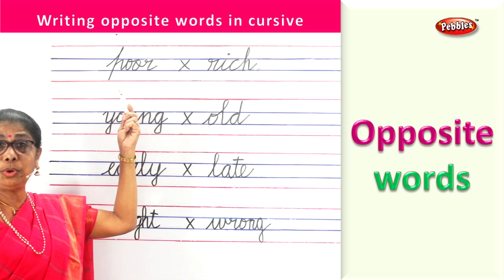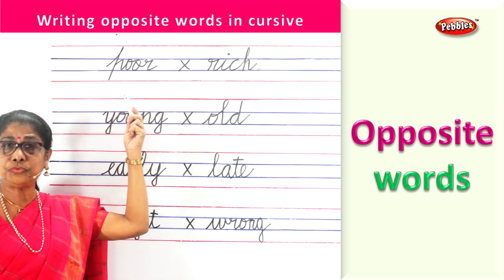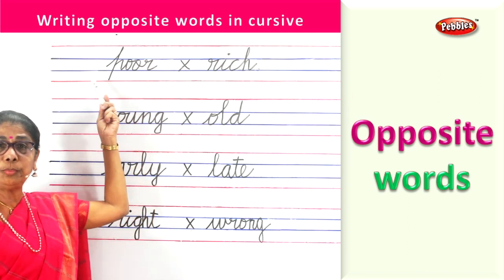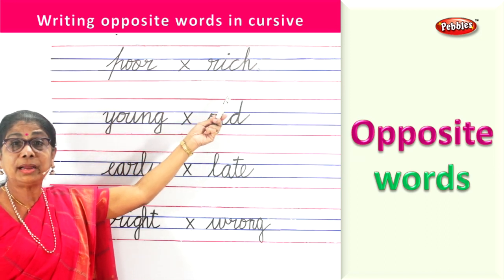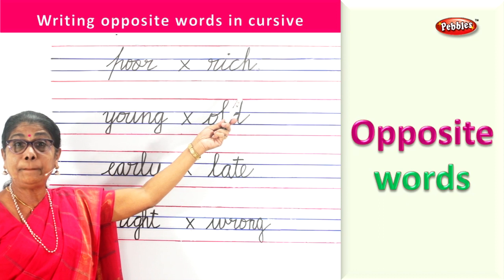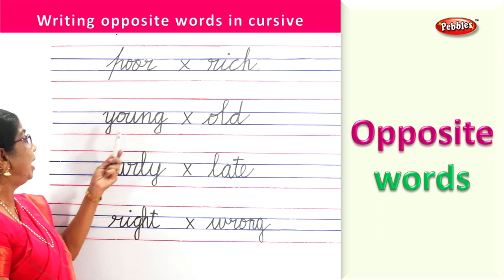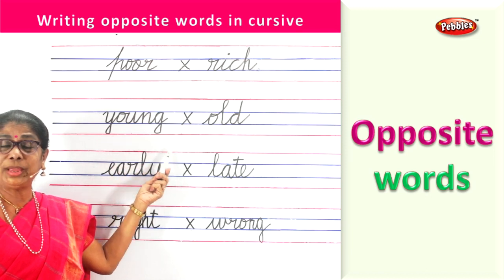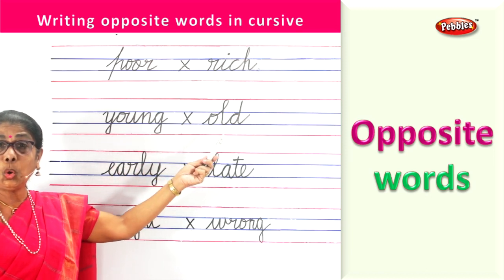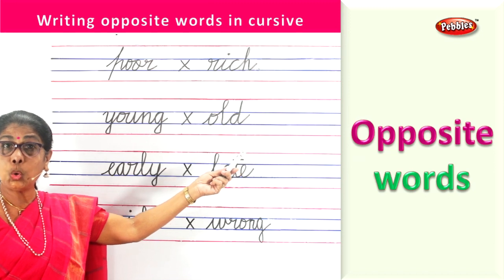Let's look at all the first opposites while writing the handwriting. Poor, people who cannot afford much food, anything, a tiny home, they're poor. P-O-O-R, poor. Opposite, R-I-C-H, rich. People who live in big mansions, they are very rich. Young, you are a young little child. Y-O-U-N-G, young. Opposite, old. Your grandmother is old.